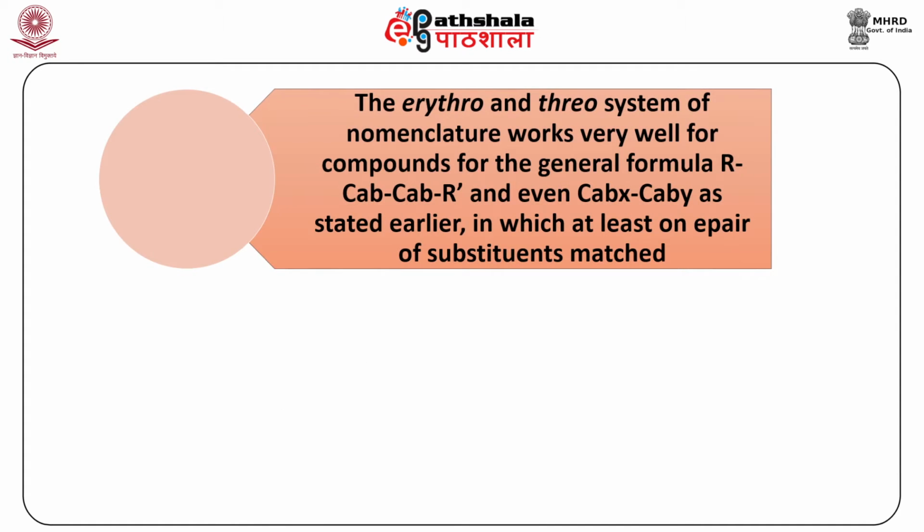The erythro and threo system of nomenclature works very well for compounds of the general formula R-CAB-CAB-R', that is, only one of the substituents attached to the carbon-carbon bond is different, and even for CABX linked to CABY, as stated earlier, in which at least one pair of the substituents matches.